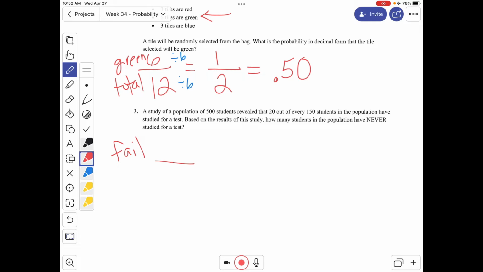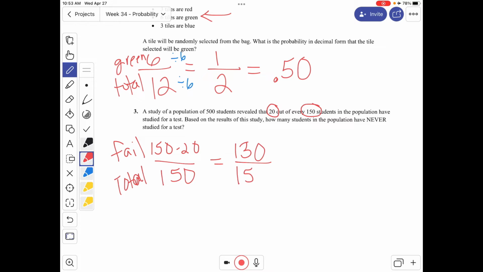The ones that haven't studied would be 150 minus 20 out of the 150 total. 150 minus 20 makes 130 out of 150.